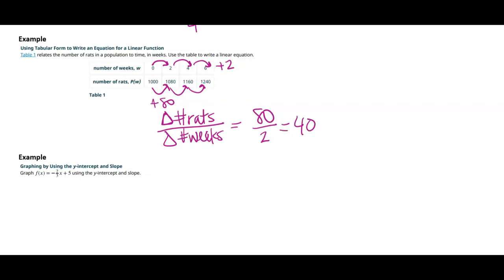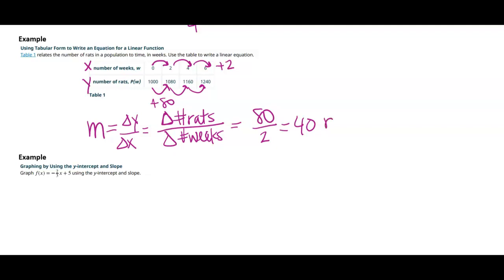Now, where a lot of students get confused on tables is our x variable usually goes on top and our y goes on bottom. But when you find slope, we do change in y over change in x. And so you kind of have to reverse those two numbers. And it should make sense that we're looking at how many rats are added each week, not weeks per rat, but rats per week.